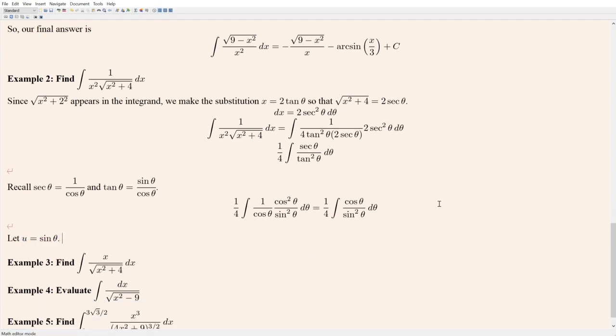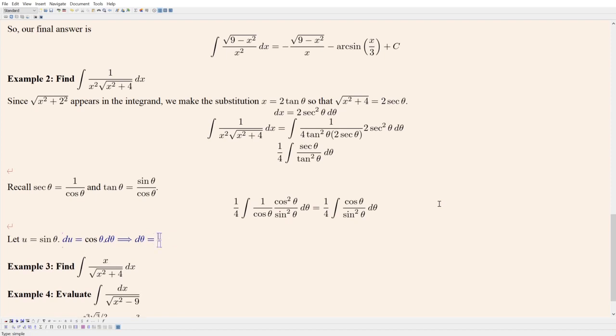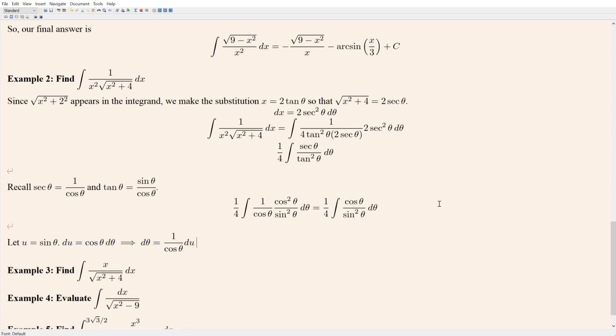So if we let u equal sine, then du is equal to cosine d theta, and consequently d theta is equal to 1 over cosine du. So we're two substitutions deep now.